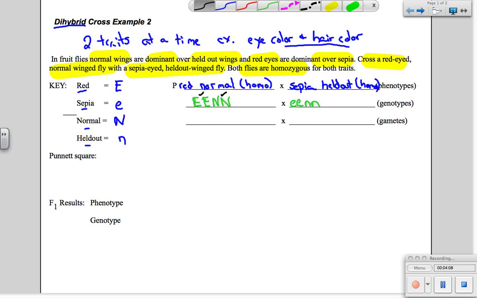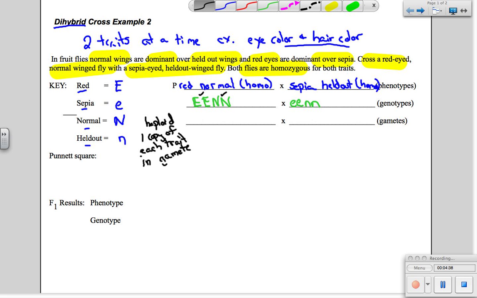I want 2 traits in each egg and sperm. How many copies of each trait do I want? 1. I want to make a haploid gamete, which means there's only 1 copy of each trait in the gametes. So I want 1 copy of E, I want 1 copy of N.